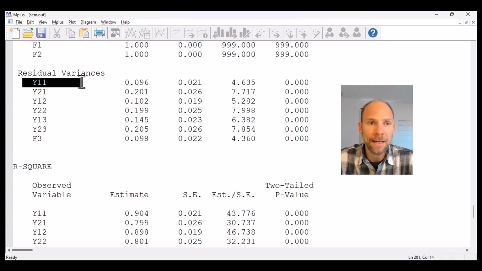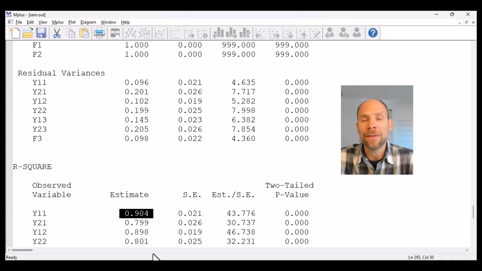Notice that the standardized residual variance is equal to 1 minus r squared. So it gives you the proportion of variance that is due to error, the residual variance that's not due to the factor. And so this number plus this number add up to 1.0 for that reason.